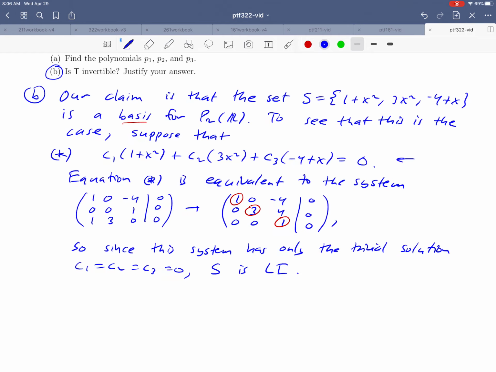A basis needs to be linearly independent and to span the space. But do we really need to show that the set spans P2 of R? Not really, because we know the dimension of P2 of R is equal to 3. So we've got a linearly independent subset of vectors in a three-dimensional space. Now corollary 2 to the replacement theorem tells us that we really have a basis here.